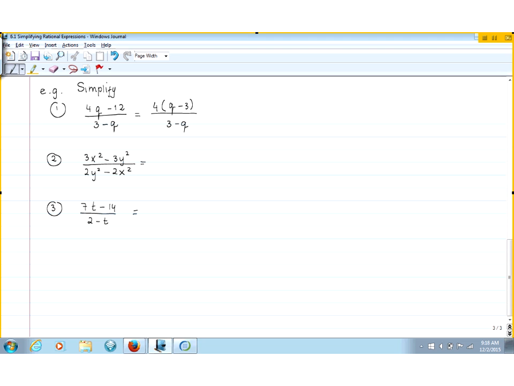And on the bottom, I have 3 minus q. So what is the relationship between q minus 3 and 3 minus q? Opposite? Okay. So when I cancel, it is -1. So I have 4 times -1, which is -4. So these are opposites, right? Okay. Can you do 2 and 3 really quick? These are not hard.